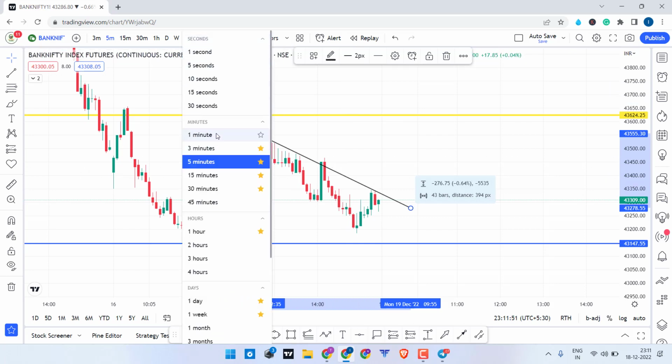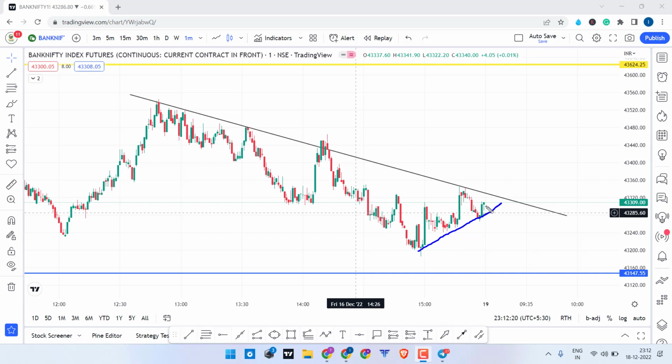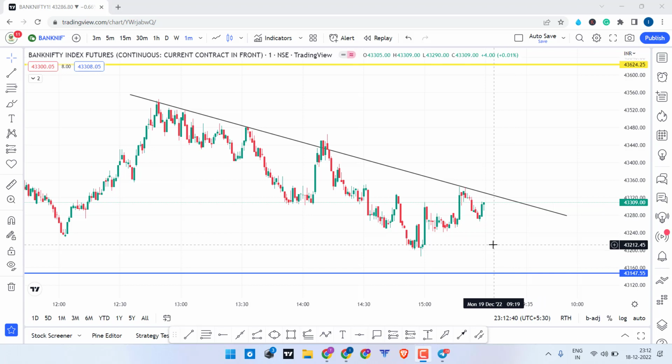Okay, I will go to 1-minute time frame. So now I just opened 1-minute time frame. In 1-minute time frame I will draw a counter trend line like this. As soon as this trend line breaks, I will take a short side trade. I will keep a target up to this swing, or if this swing also breaches out, then I will keep a target of this one. So this is how you have to take the trades.